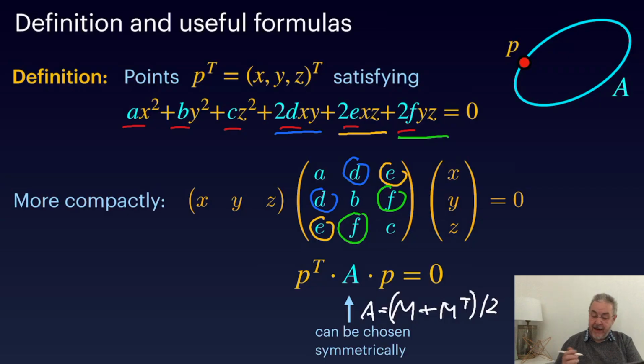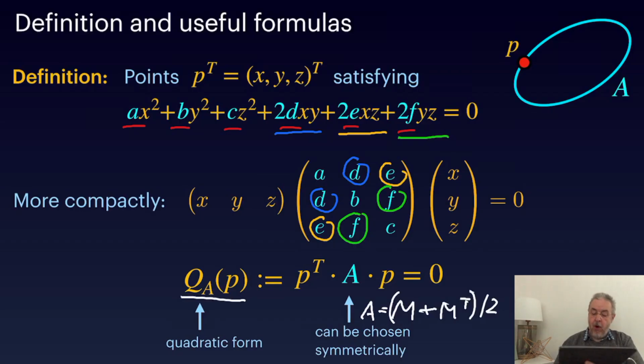It really doesn't matter, because scalar multiples, as usual in homogeneous coordinates, don't matter. If you scale the matrix A, it gives you the same conic. Sometimes we will also consider this expression here as a function. This function then is called a quadratic form of the corresponding conic. This is mainly a kind of reference also to other books.